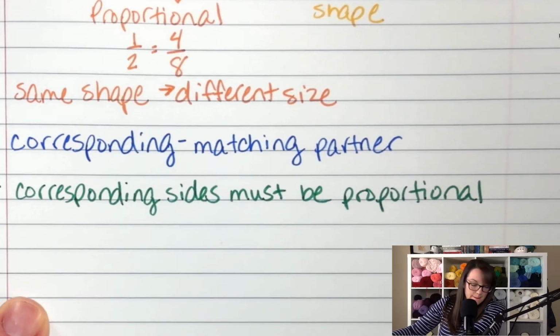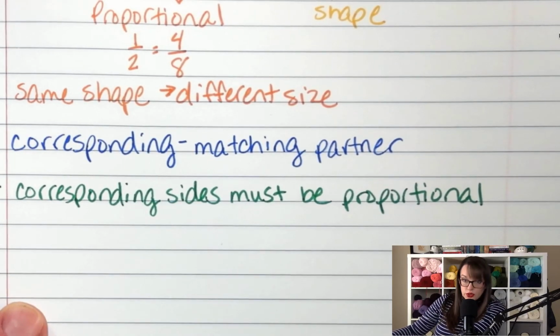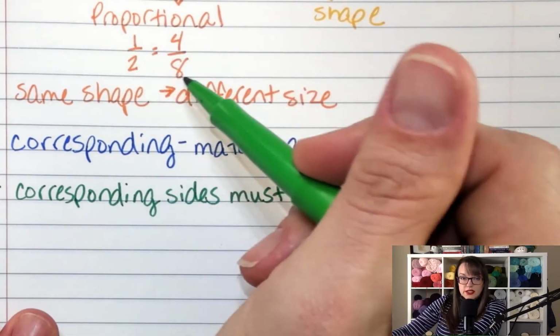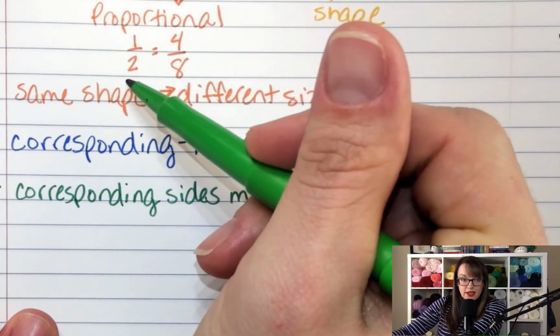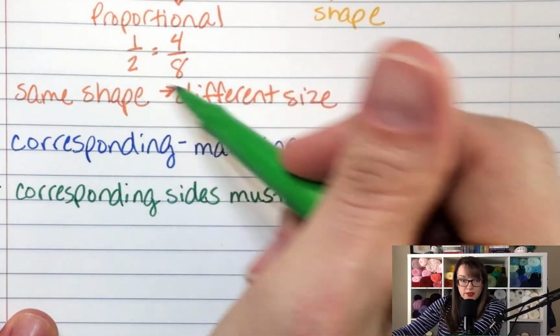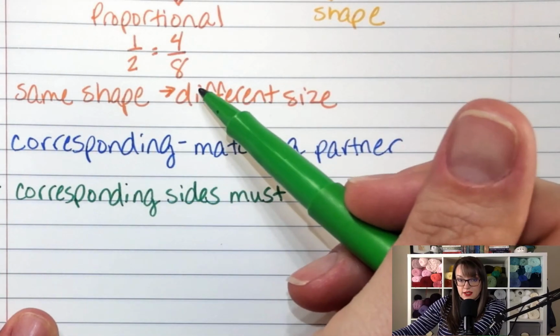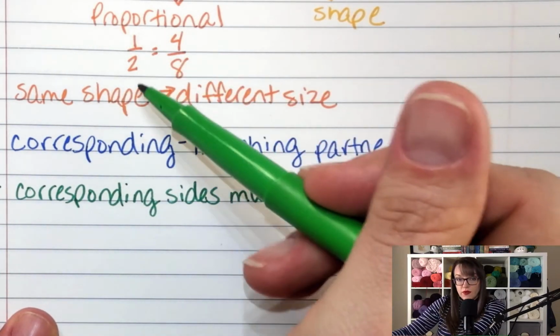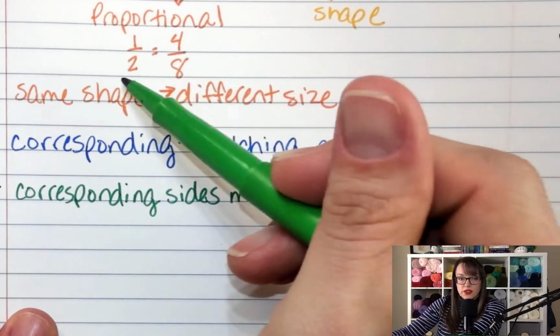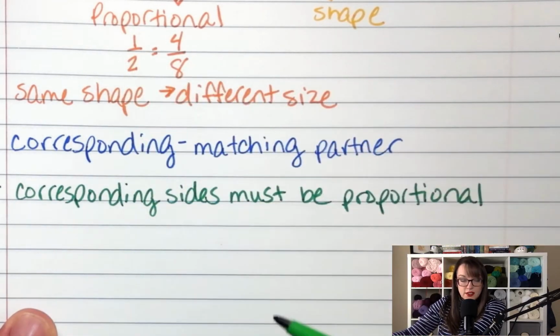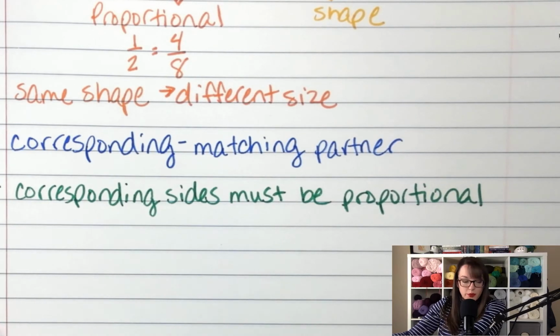And remember, with proportions, you cross multiply, or you can check it by cross multiplying both to see if they're equal. So like here, 1 times 8 is 8, 2 times 4 is 8. So these two are equivalent fractions, or it's a proportion.